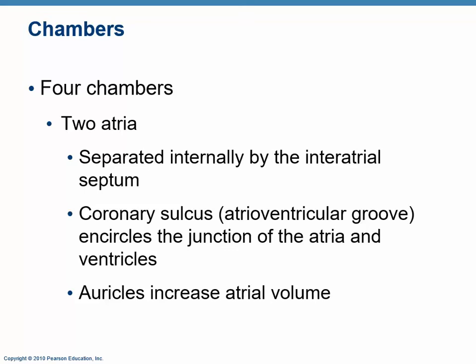The coronary sulcus is the more common term. Now, there are appendages on each atrium that stick out like ears, so they're called auricles, and they just provide more space for the blood. They're just appendages that increase the volume of the atria.